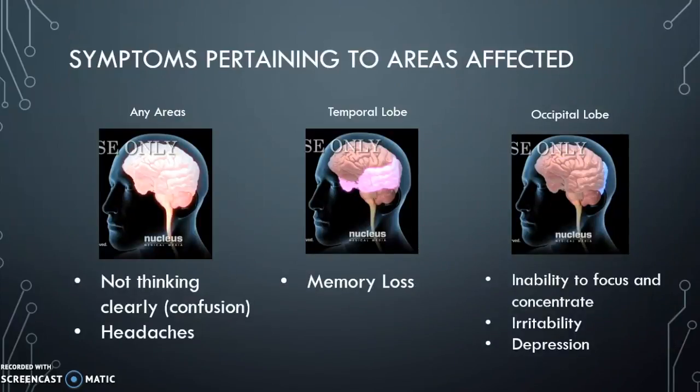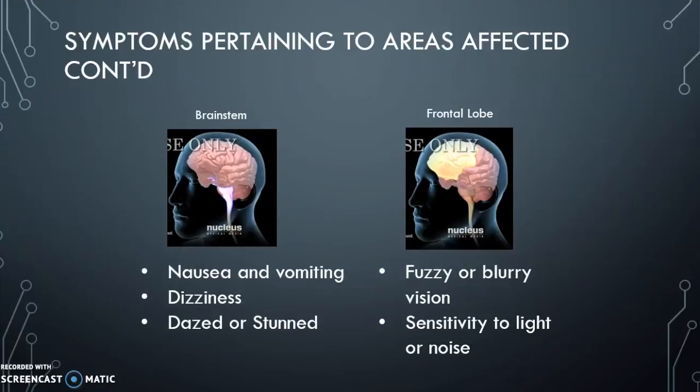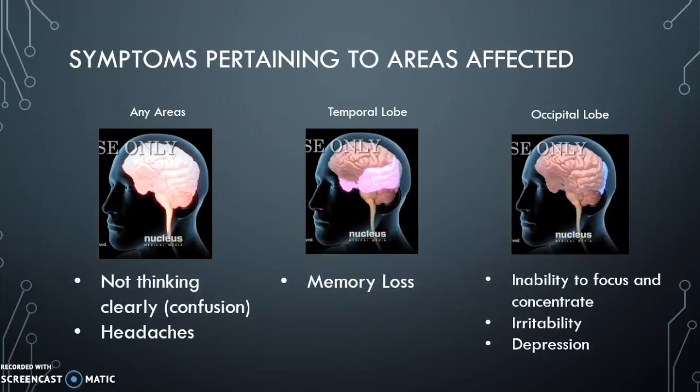Symptoms pertaining to areas affected: not thinking clearly, confusion, headaches, memory loss, inability to focus and concentrate, irritability, depression, nausea and vomiting, dizziness, dazed or stunned, fuzzy or blurry vision, sensitivity to light or noise. In the first image seen, any area of the brain affected will cause confusion and headaches.